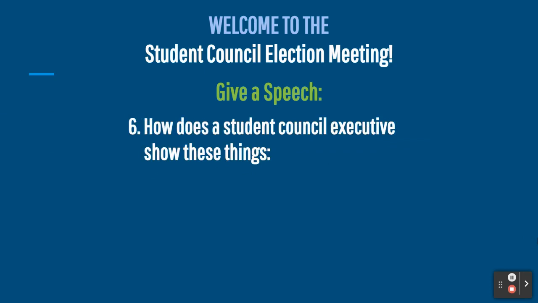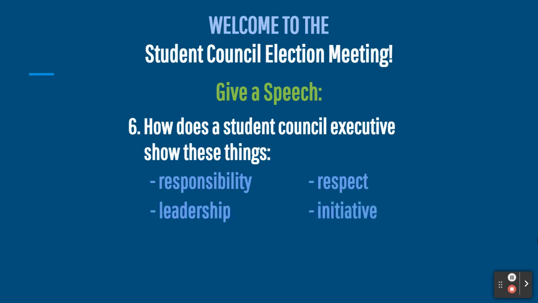Talk about how student council executive leaders show responsibility, leadership, respect, and initiative. Don't define them. I do not want definitions. I want you to explain and give me examples of how they show these qualities.